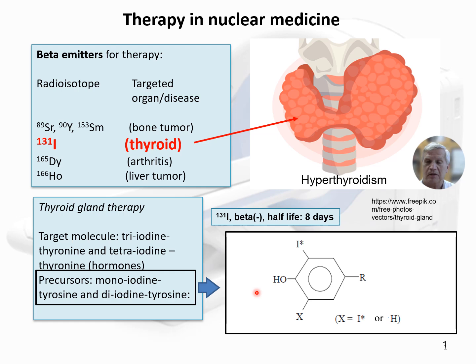The thyroid is in general always ready to absorb iodine, and that gives a very good option for this medical treatment. You see, the half-life of this iodine isotope is pretty long.